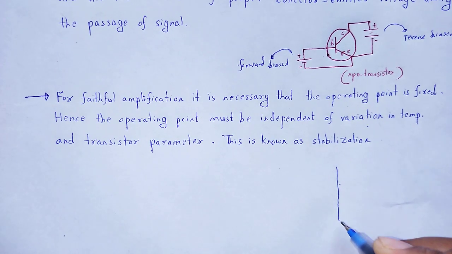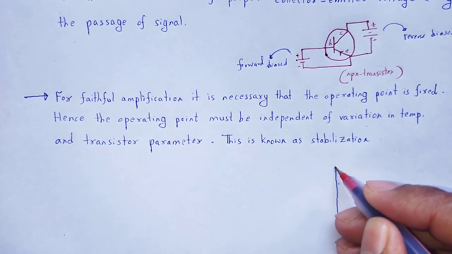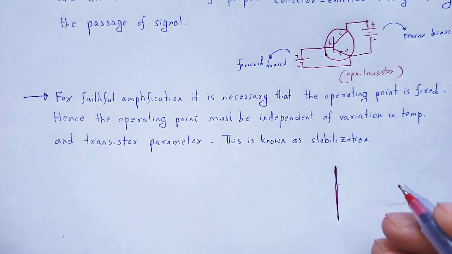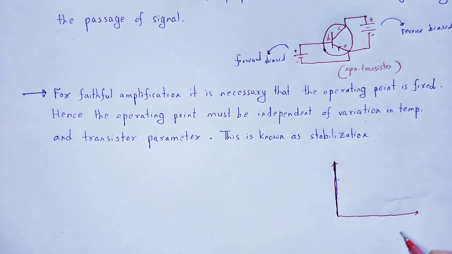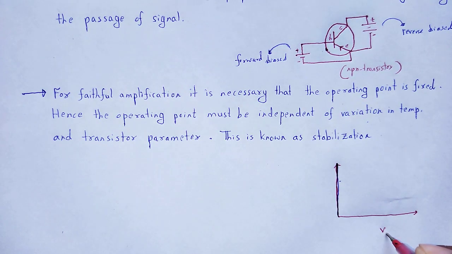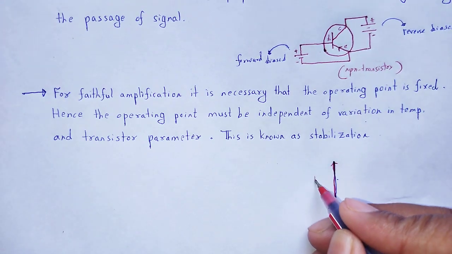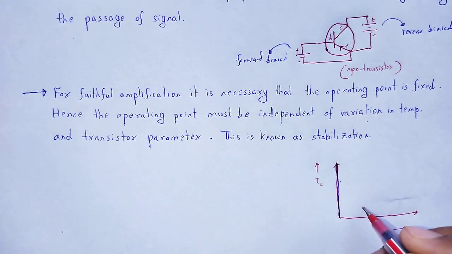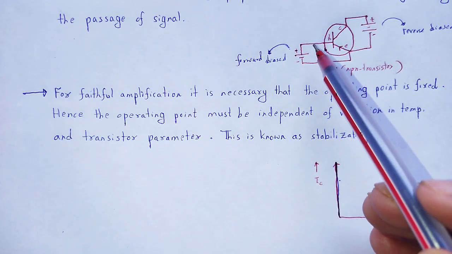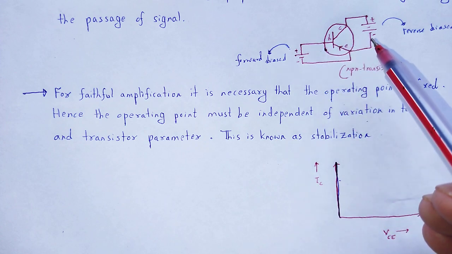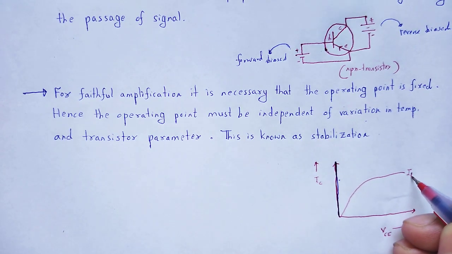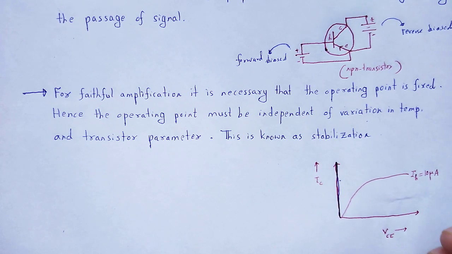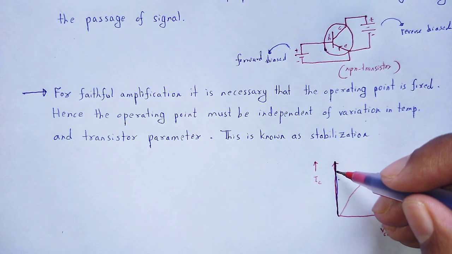If we plot the graph between collector emitter voltage and collector current, taking base current as constant, for a particular base current, let that base current be 10 microampere, and we plot the DC load line.